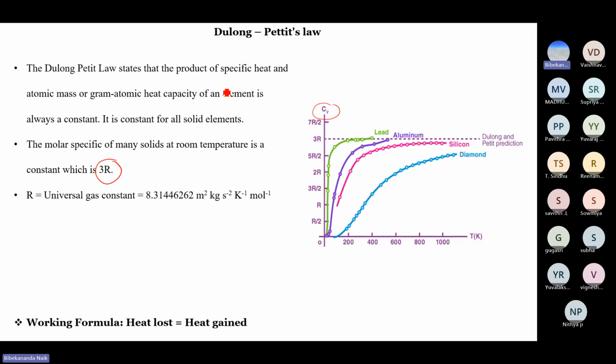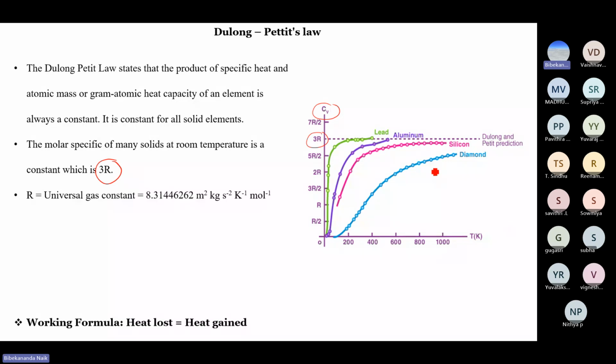Cv is nothing but specific heat at constant volume. As you can see, Cv is not 3R at all temperatures. However, as the temperature increases, all these metals or solid materials approach that constant value of 3R.